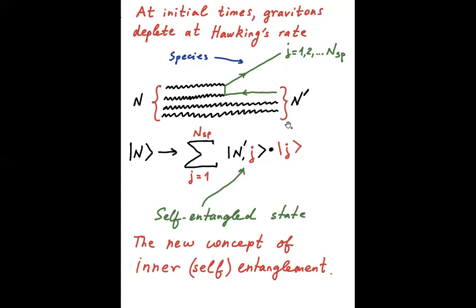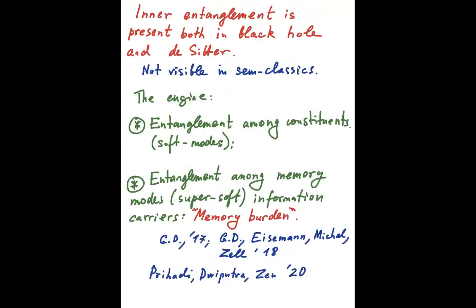And of course, self-entanglement has a maximum, because if you have an n-particle state, the entanglement of that n-particle state cannot grow indefinitely. So this concept of self-entanglement is very important, because it contributes to the quantum breaking, and it is also the component of the quantum clock that black holes have. It is present both for black holes and de Sitter. And again, it's very important that it is fundamentally invisible in the semi-classical picture.